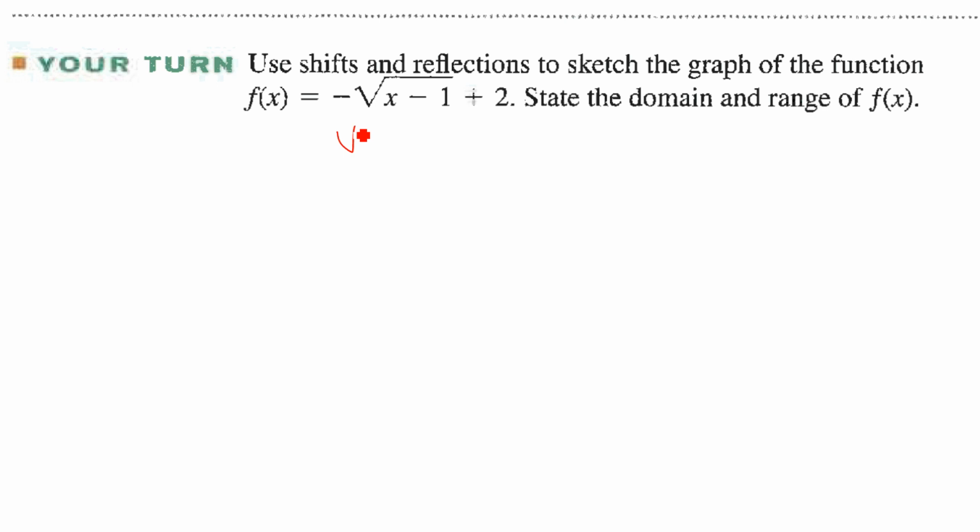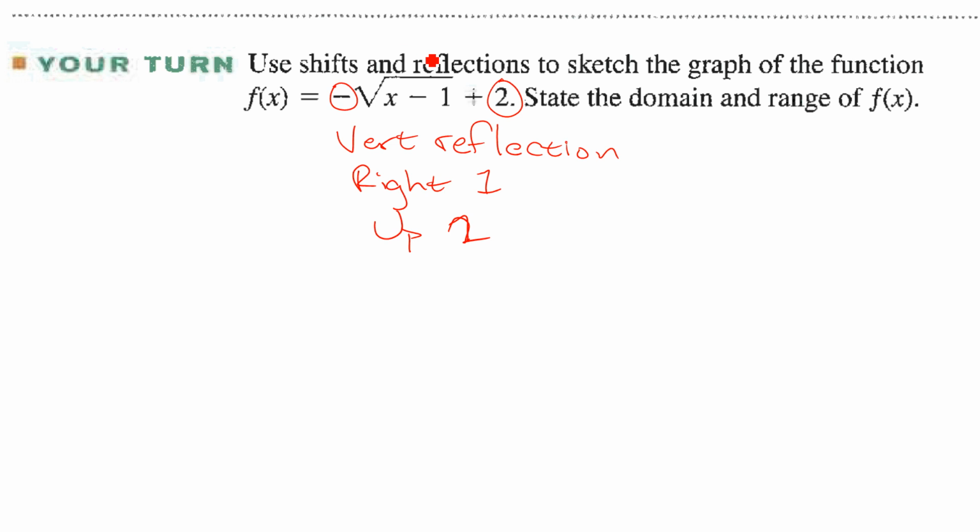All right, so this is a vertical reflection. Because of this it is going to go right 1. This is going to go up 2 because of this one. So again, on this one, 1 is going to be your important x number, because 1 minus 1 is 0.